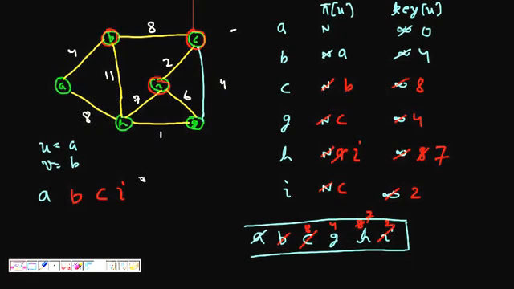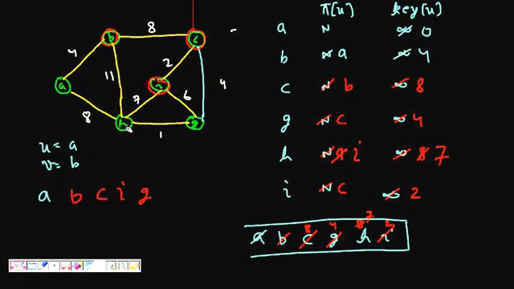So now I is done and we have G and H. G is smaller, so we will take it out. From G we can go to C, which is already out of the Q, I is out of the Q, and H is there.